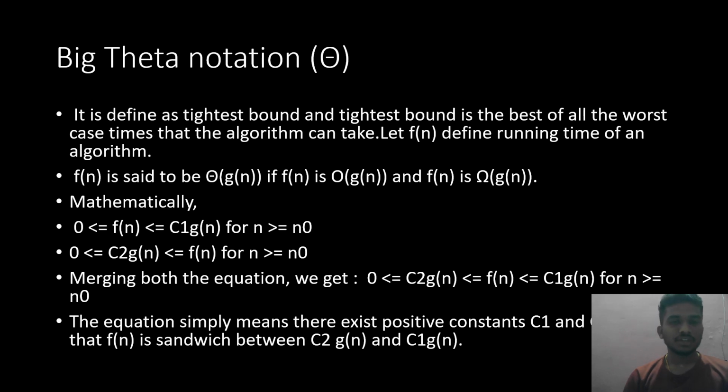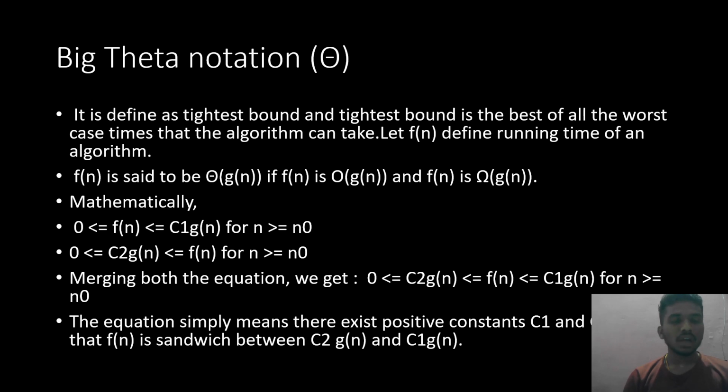Big theta notation is defined as the tightest bound, the best of all the worst case times that the algorithm can take. Let f of n define the running time of an algorithm. F of n is said to be theta of g of n if f of n is big O of g of n and f of n is omega of g of n.